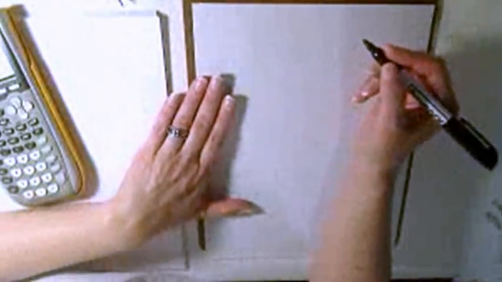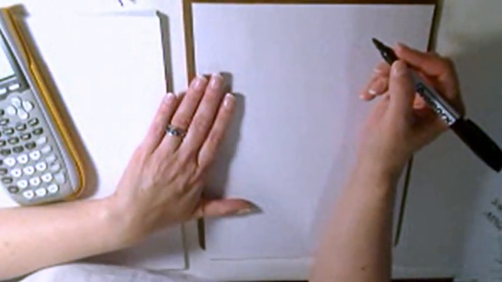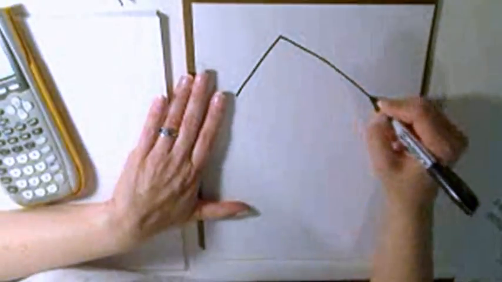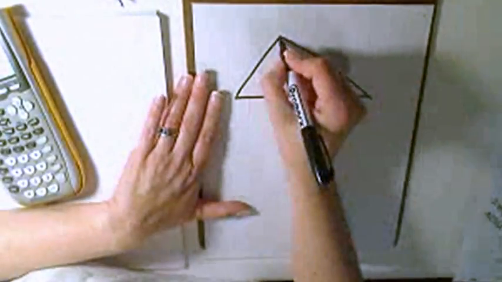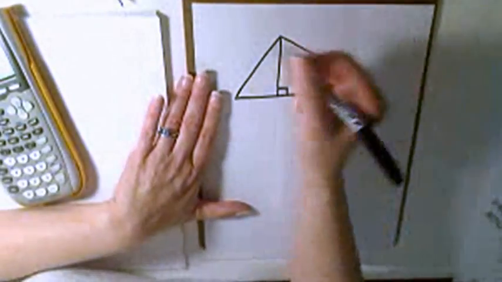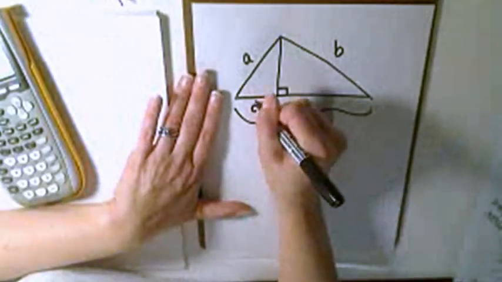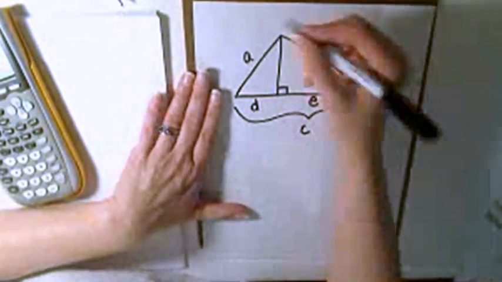So now that we have those set, let's talk about how this plays out in a right triangle. The goal is for you to walk away with the two geometric mean theorems. I'm going to tell you what they are, and then I'm going to derive them for you using some simple proportions.